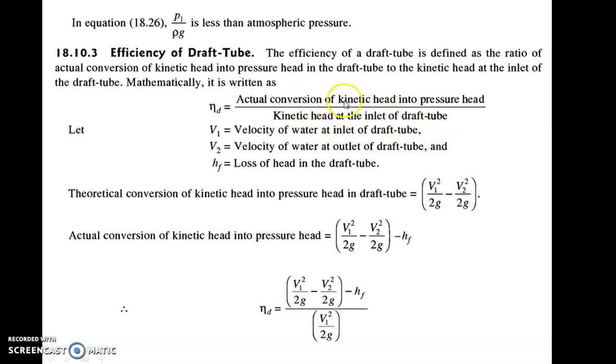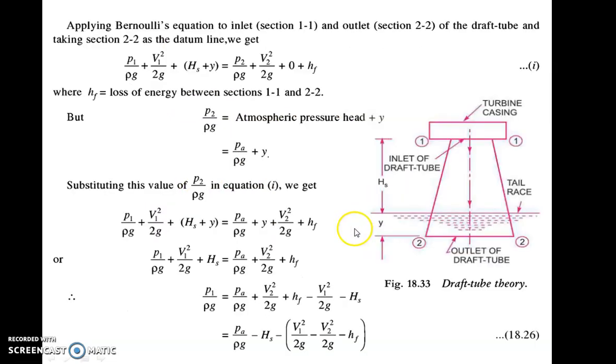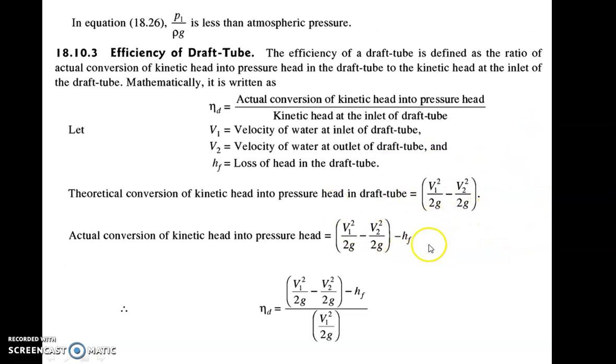Actual conversion means, because of friction, some loss will be there, so some kinetic energy will not be converted into pressure energy, and that loss you have to take into account. So the actual conversion of kinetic head into pressure head is V1 square minus V2 square by 2g, minus the loss, that will be the actual, divided by the kinetic head at the inlet of the draft tube.